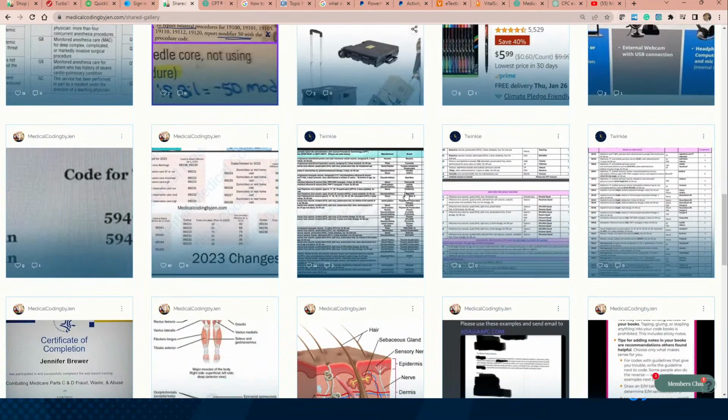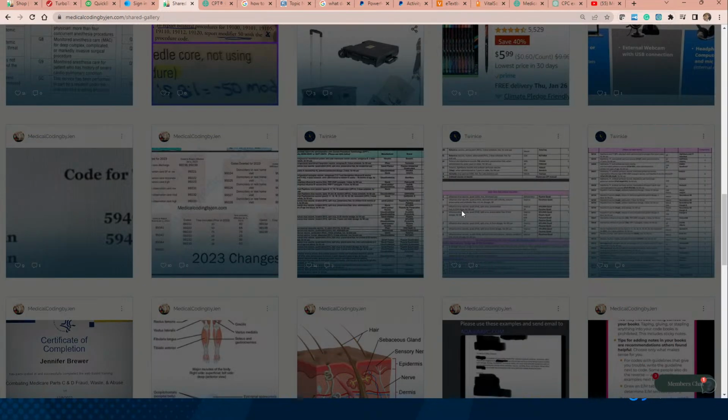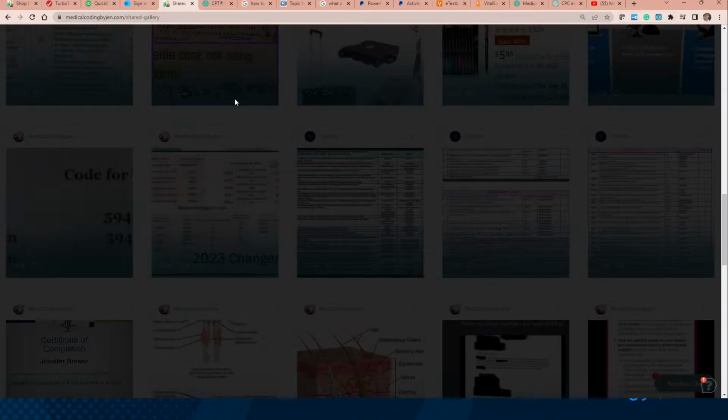These baby blues and purples right here, pinks, are these free sheets that Twinkle and I have posted. All you got to do is click on them. They're free. And then it will populate a list of CPT codes and how many components are in each.